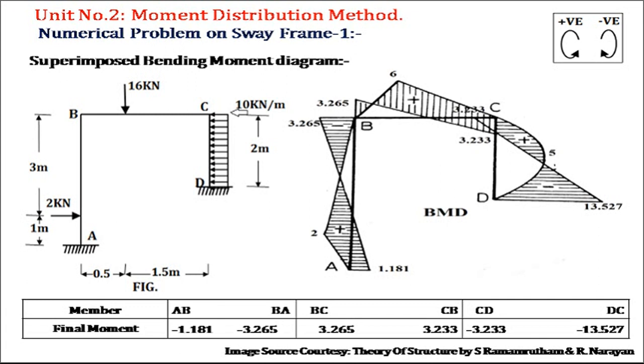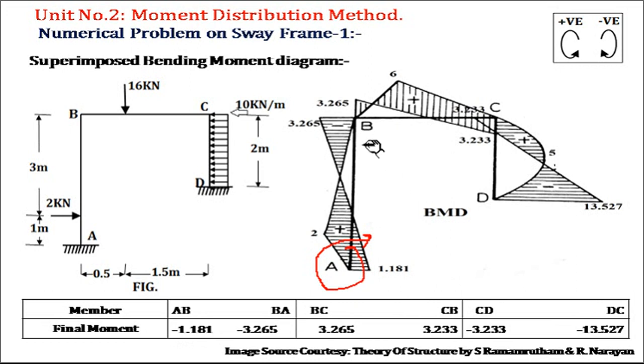Now, moment in member AB is minus, meaning clockwise, so you have to keep the pen between member A and B nearer to joint A. As the value is minus, you have to rotate the joint A in anti-clockwise direction and it should cut the member AB once. So this moment value 1.181 will be on the right side of the joint A.